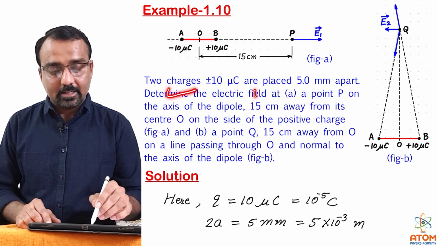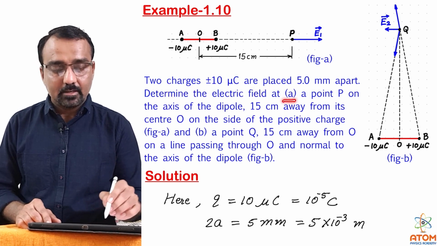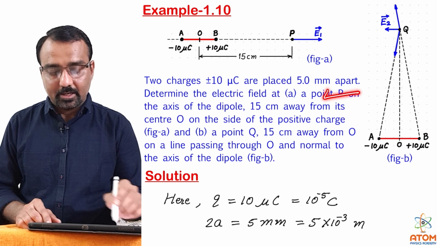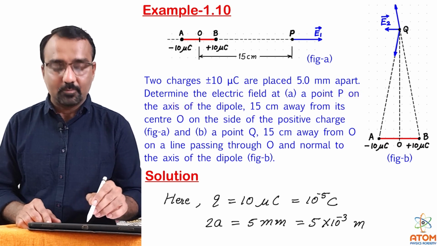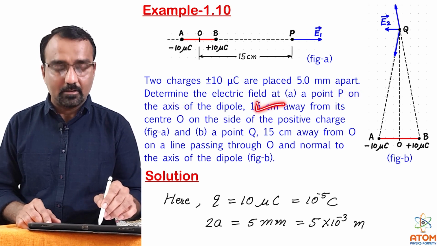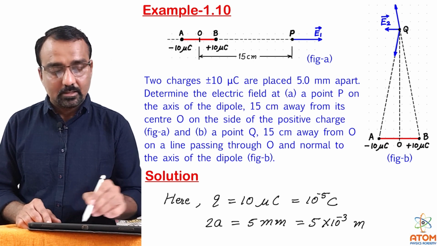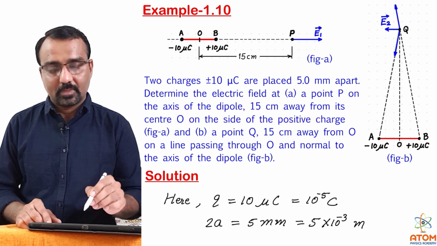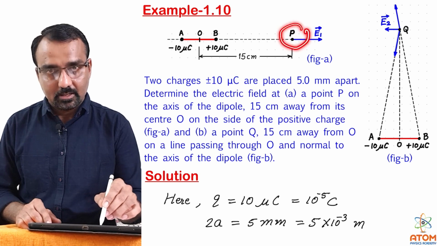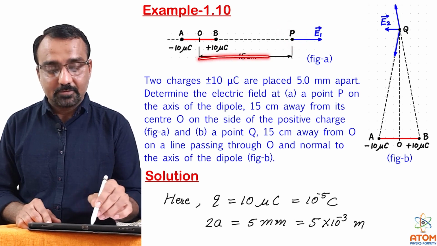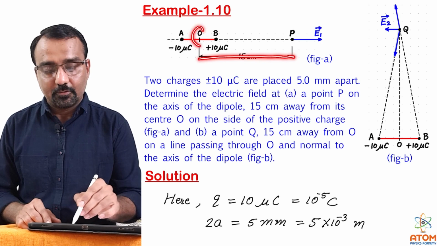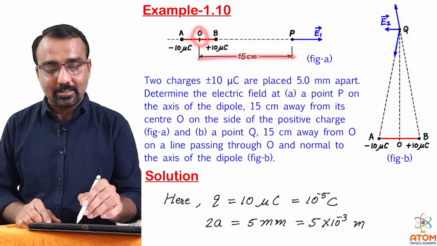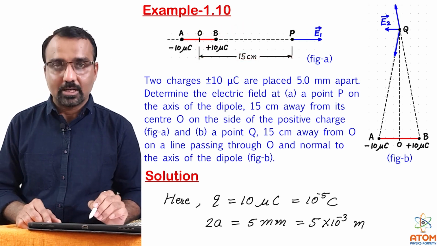Determine the electric field at a point P on the axis of the dipole, 15 centimeter away from its center O, on the side of the positive charge. This is point P at a distance 15 centimeter away from point O in the direction of the positive charge.